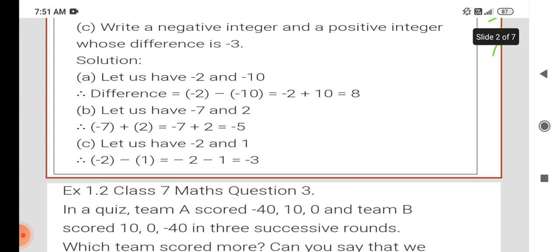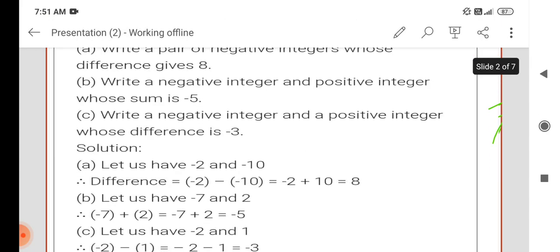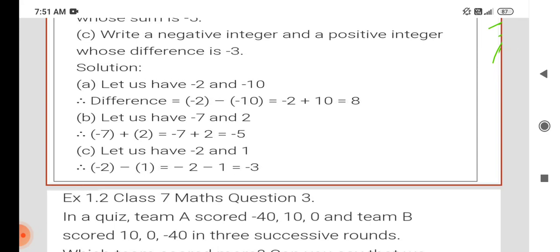So I put here minus 7 and plus 2. Plus and minus is always minus, and that gets minus 5. Okay, that's it. And I say you can put any integer. It's your choice, but the condition is you get only minus 5.